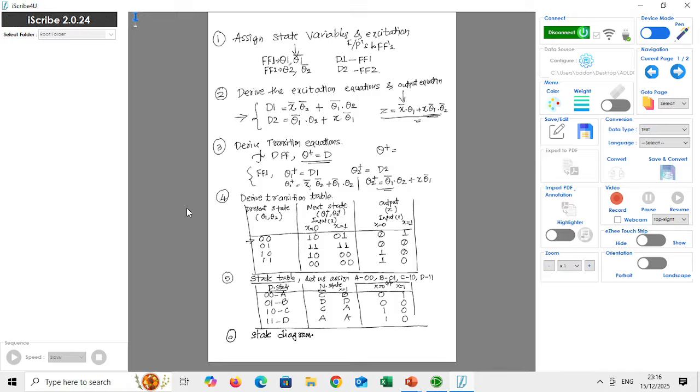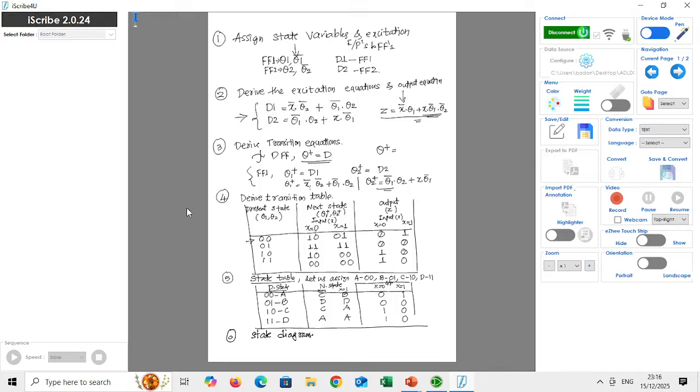These equations are always in terms of present inputs and also present outputs. Then derive the transition equation, which is based on the characteristic equation of the flip-flop. With the help of the transition equation, we can write the transition table. Only with the help of the transition equation can we write the transition table. Now the transition table can be represented by a state table and by the state diagram.